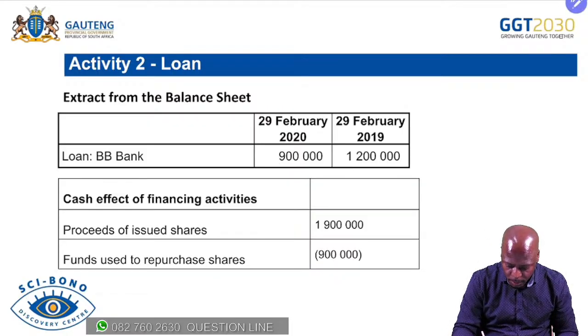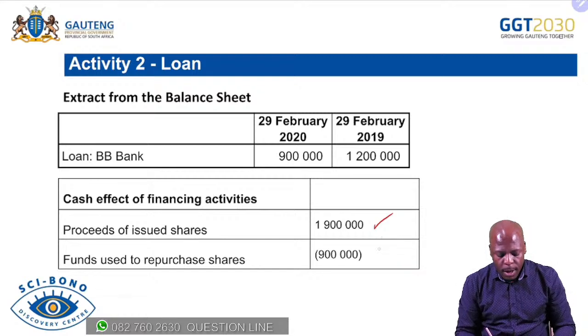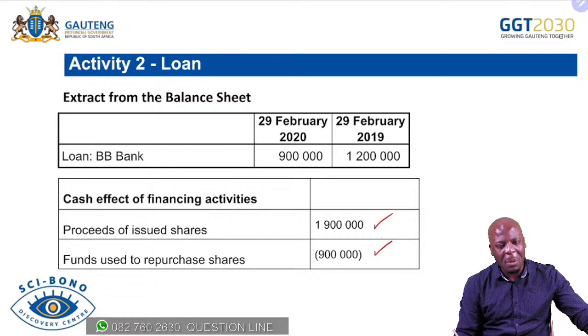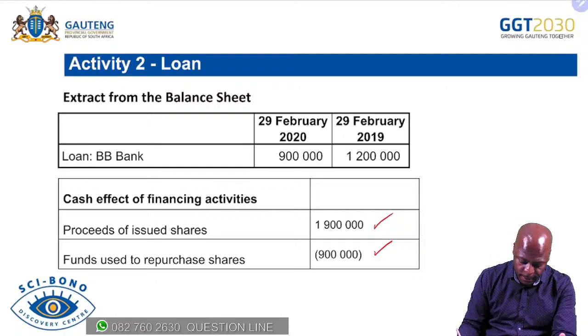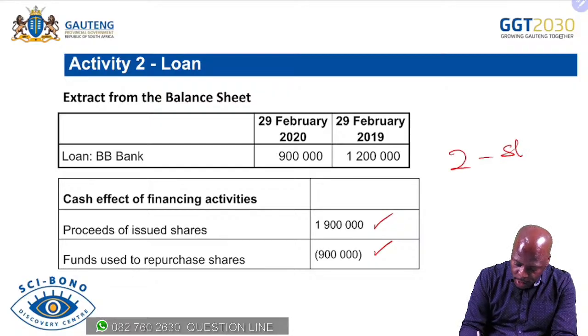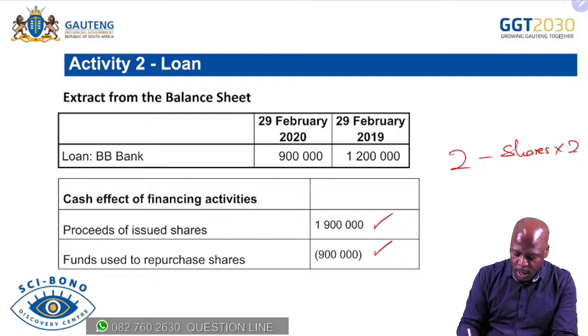Here we are. And then the last aspect, remember, in your financing activities, how many aspects? 2, which is shares, but shares how many sides? 2. The next one you have is loans, and loans has how many sides? 2. So far we have the 2 sides, which is this one.